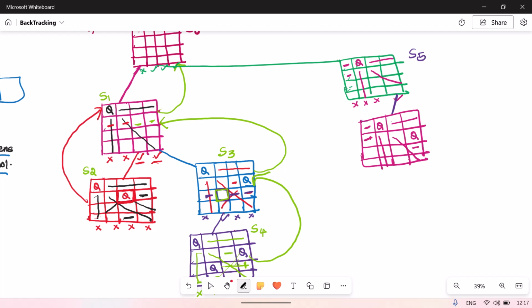With respect to the second queen, this is a row, a column. This is a diagonal. And this is a possibility here. This third box here. So what I will do is, this is a possibility, not a possibility. Okay, so I'll try to place a queen over here.